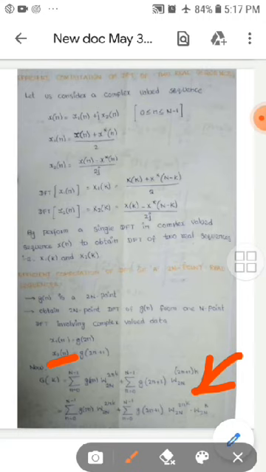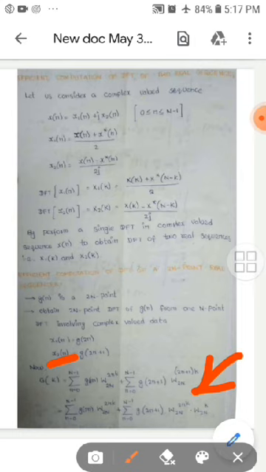So we can write summation n equals 0 to N minus 1 g of 2n into W 2N to the power of 2nk, plus summation n equals 0 to N minus 1 g of 2n plus 1 into W 2N to the power of (2n plus 1) into k.